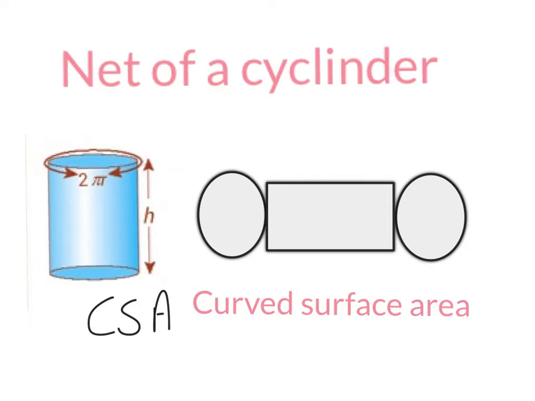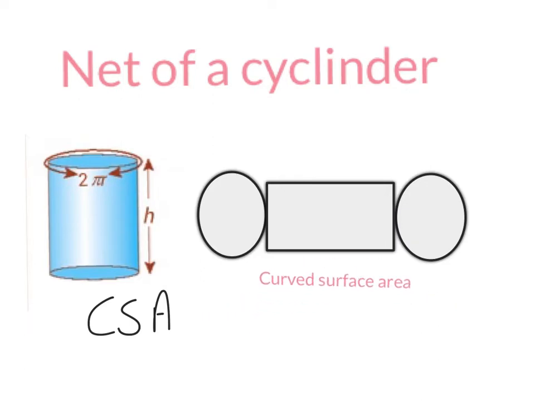So for the curved surface area, we know how to find the area of the circles, but this section here, we call the curved surface area, okay? I'll draw an arrow. That's the curved surface area, and the formula for curved surface area is 2 pi r h.